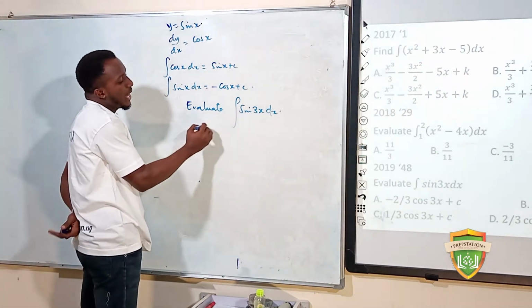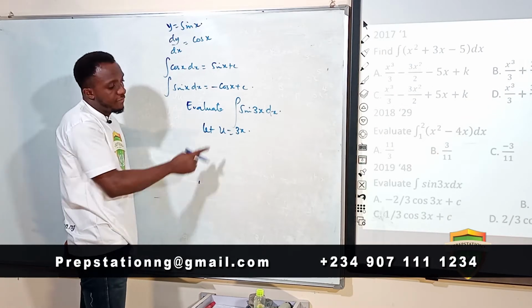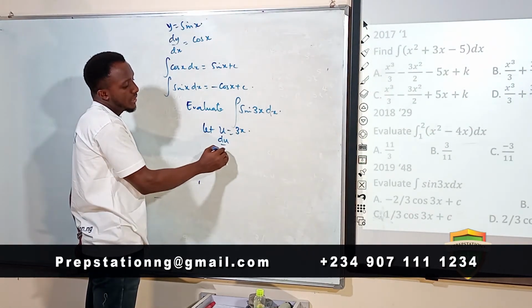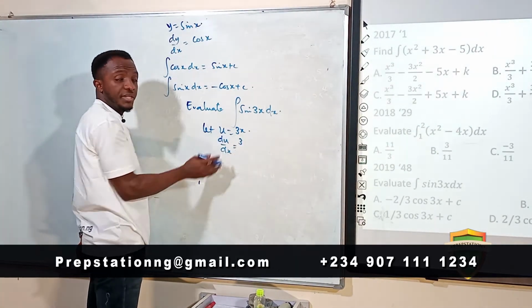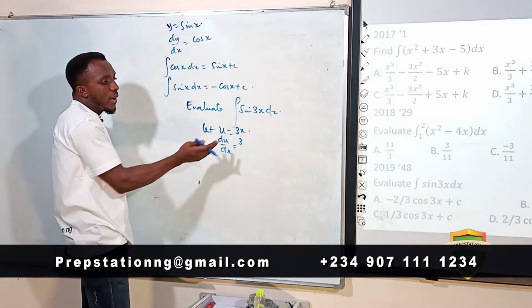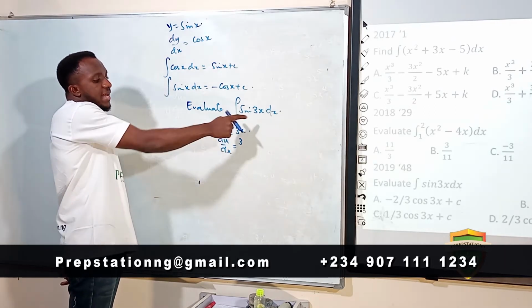Very simple. Now let u be 3x. If u is 3x, we'll differentiate this. So du/dx would be 3. Can you see this? 3. Now, we have dx here. Can you see this? dx.